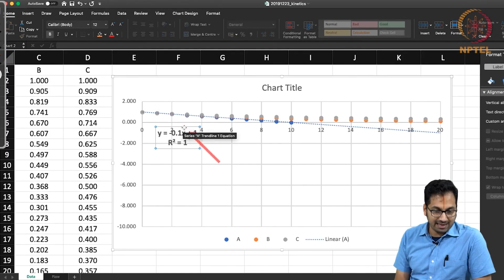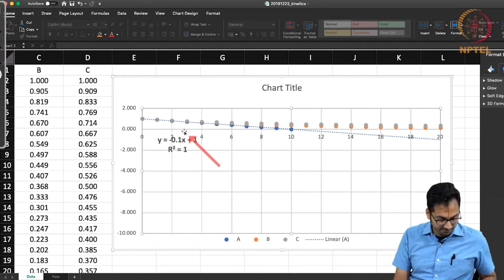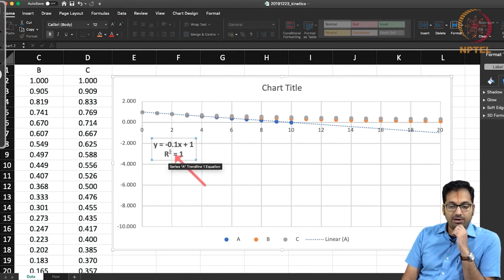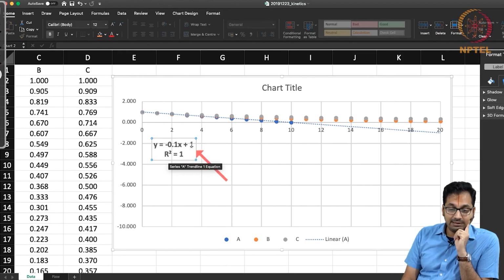It appears that it's an ideal fit, meaning that the r square that comes up is equal to 1. This indicates that the fit is excellent, and there is a certain slope associated with it, and a certain intercept.